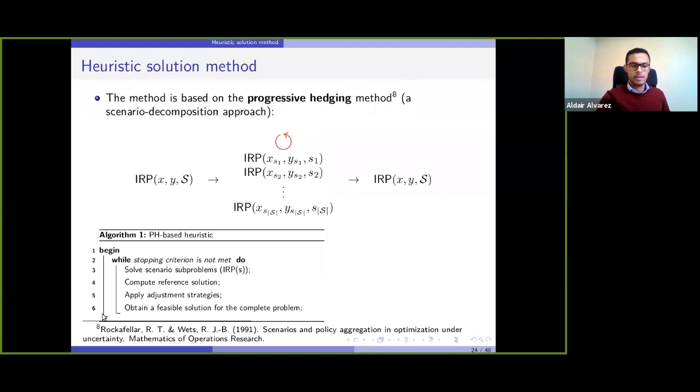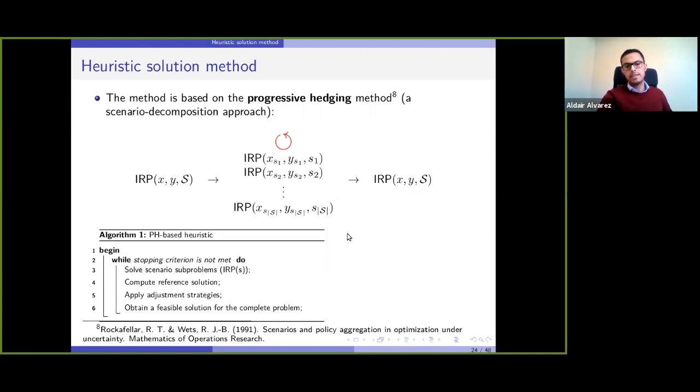So we apply a series of adjustments in the cost parameters of each scenario in order to guide the search in the direction of the reference solution. So we identify the trend, we update the parameters of each independent problem, and then we solve again.